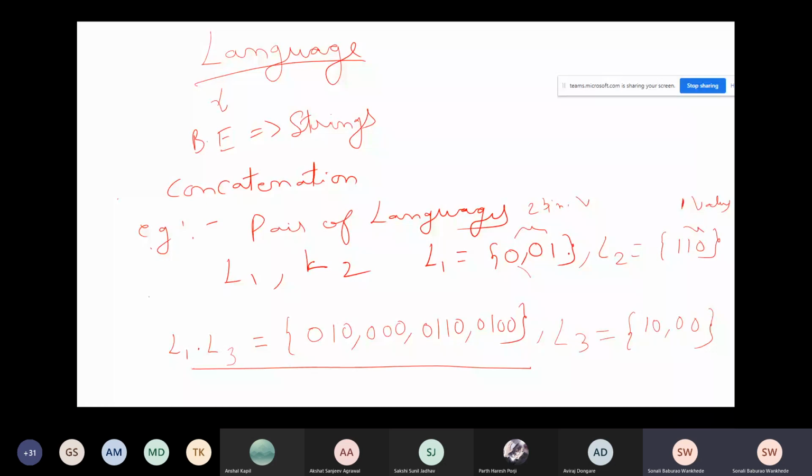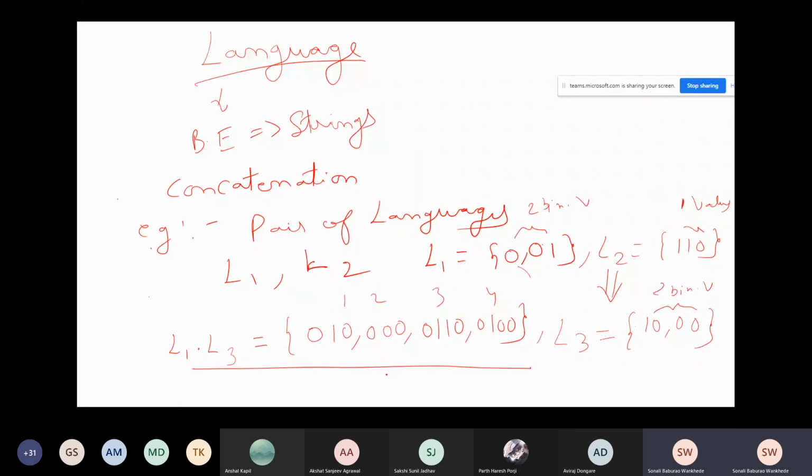And you performed concatenation and you got different results. This was just the concatenation, how it is done, right?